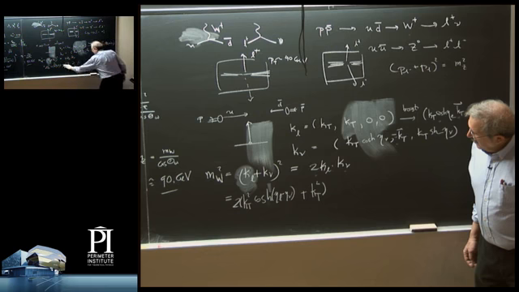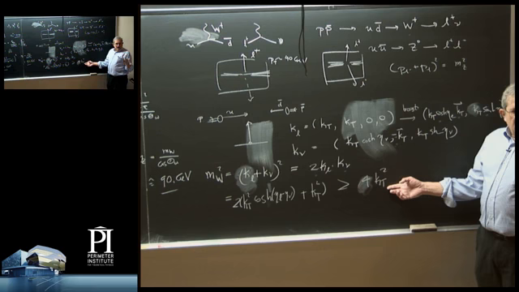Let me just finish this. This is greater than or equal to 4 kT squared. So if I were to measure the kT squared, I'd get already an estimate of the mass of the W.